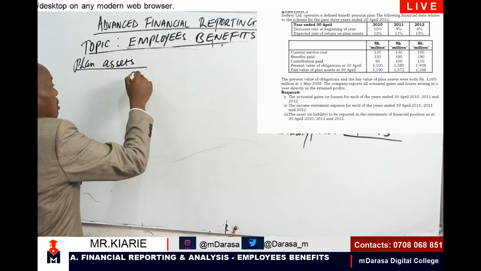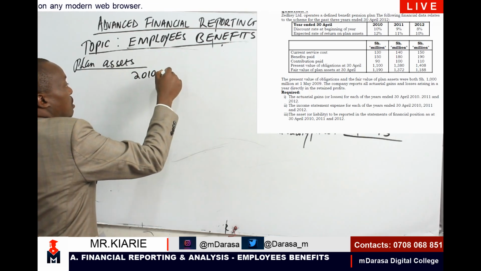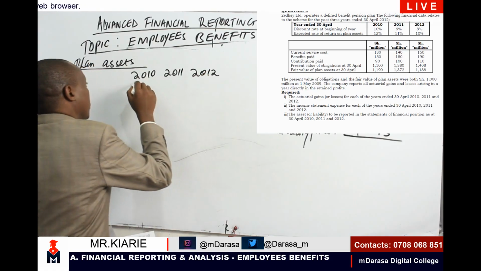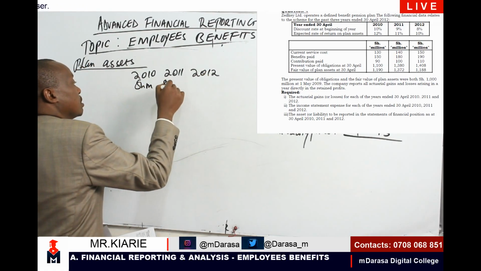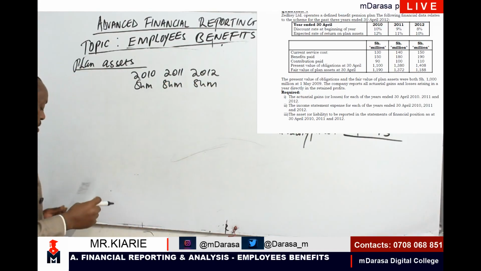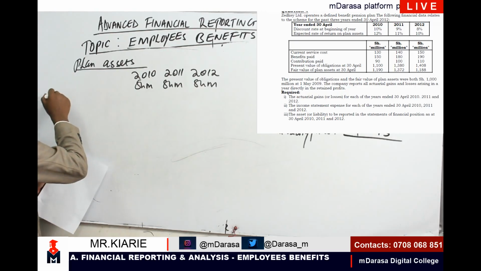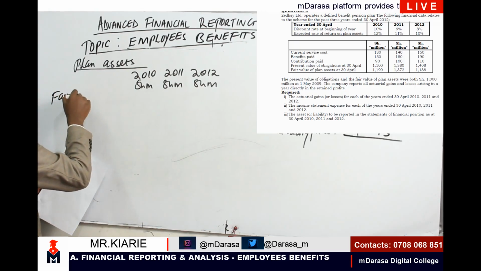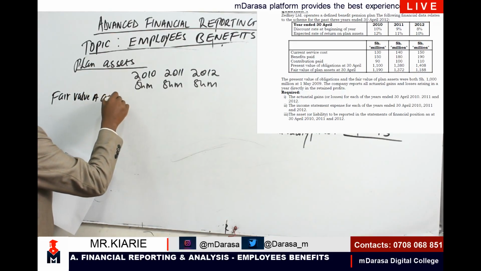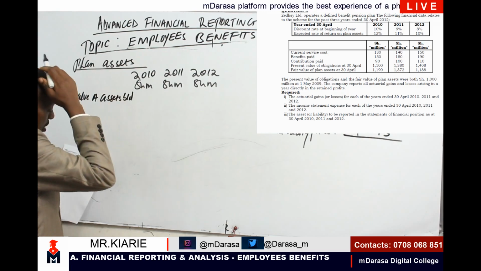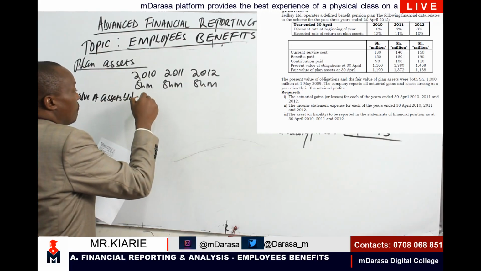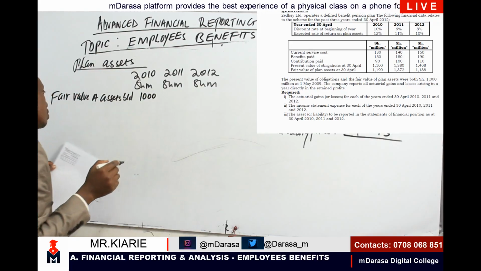We have 2010, 2011, 2012. Our figures are in millions. We are going to start with the fair value of plan assets brought down. I can see for both assets and liability, the figure was 1,000 million.